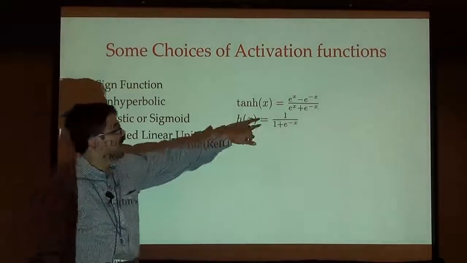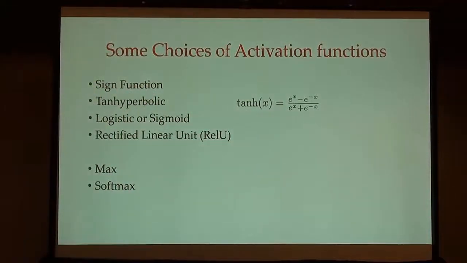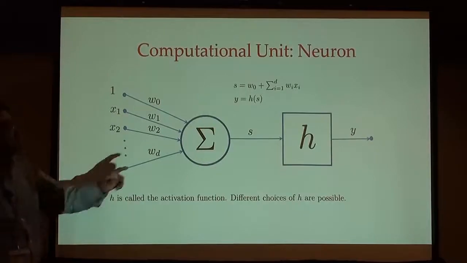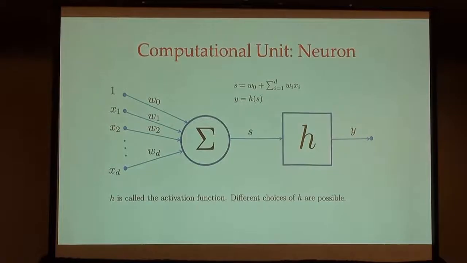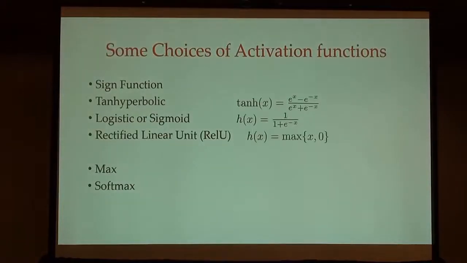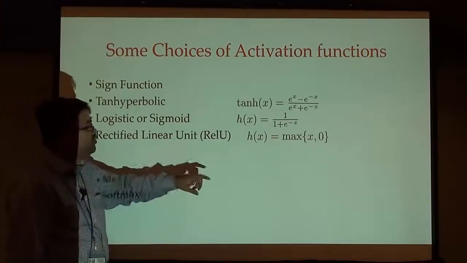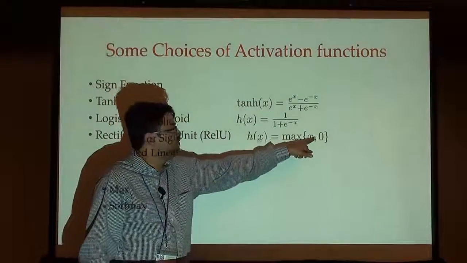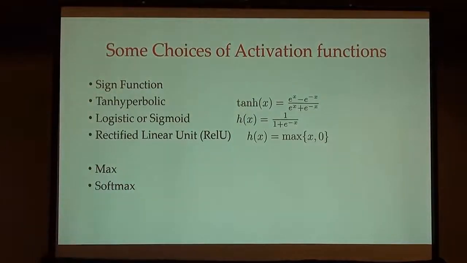When I have this x, you should think about it in this slide as, I maybe should have used s, but it is this s here. Rectified linear unit is max of x comma 0. If something is negative, you just reject it and put 0. If something is positive, you just pass it through. And I'll come to why.